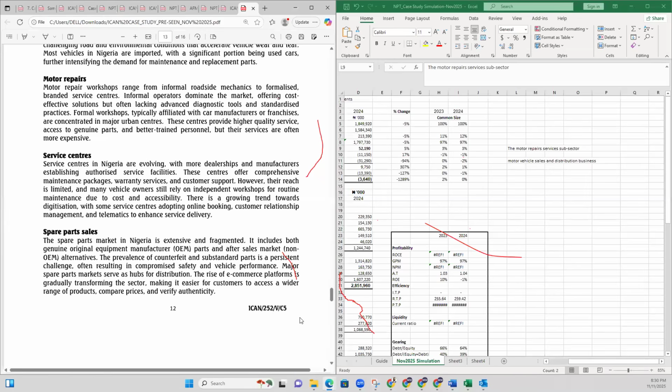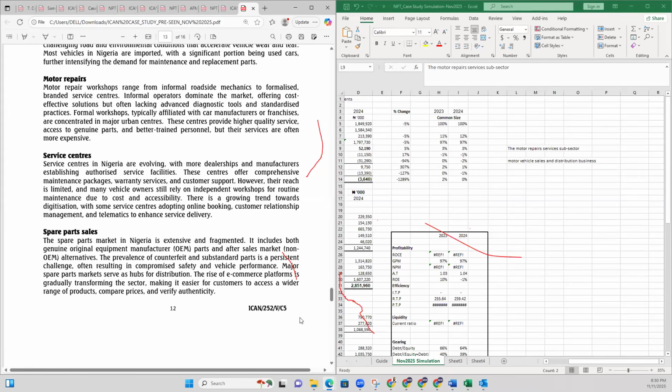These centers provide higher quality service, access to genuine parts, and better trained personnel, but their services are often more expensive. Service centers. Service centers in Nigeria are evolving, with more dealerships and manufacturers establishing authorized service facilities. These centers offer comprehensive maintenance packages, warranty services, and customer support.